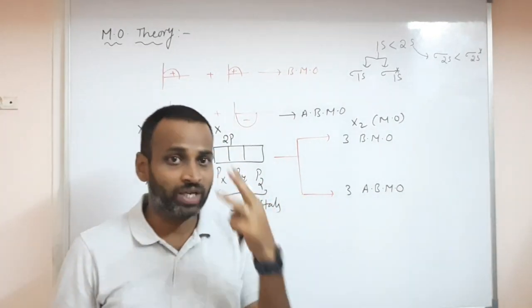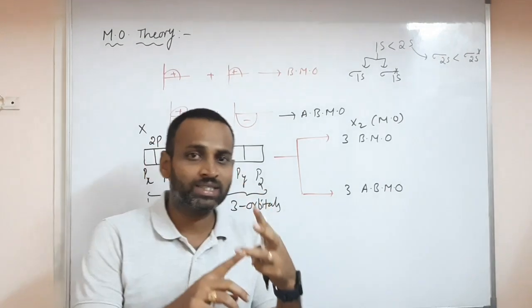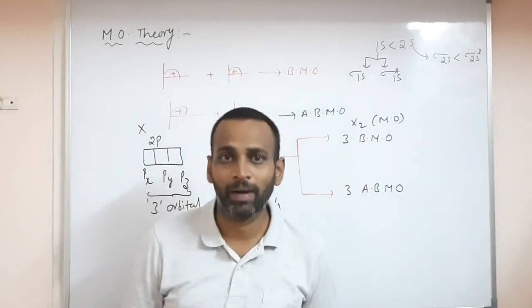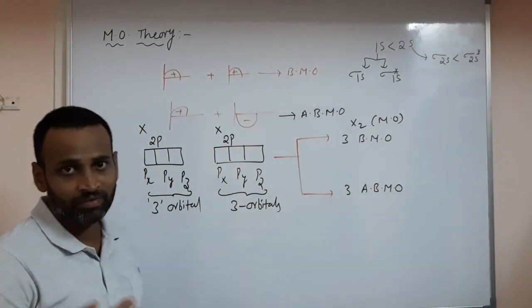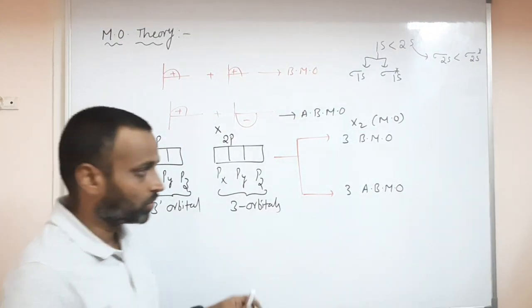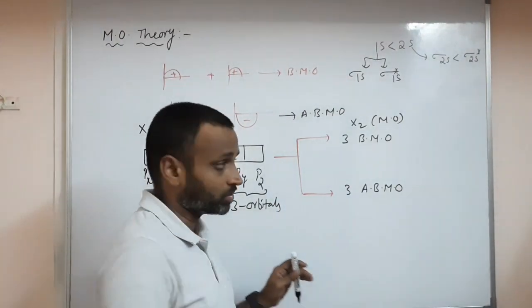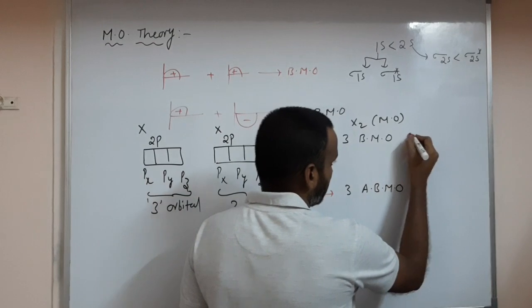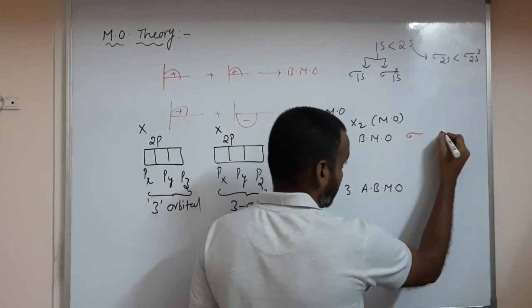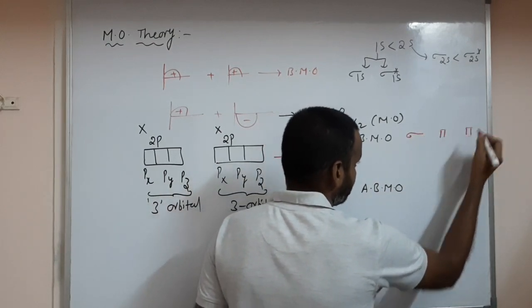If three bonds are forming, then one is sigma and the remaining two are pi. So three combining, definitely a triple bond is possible. So among the three bonding orbitals, one is sigma and the remaining are pi.